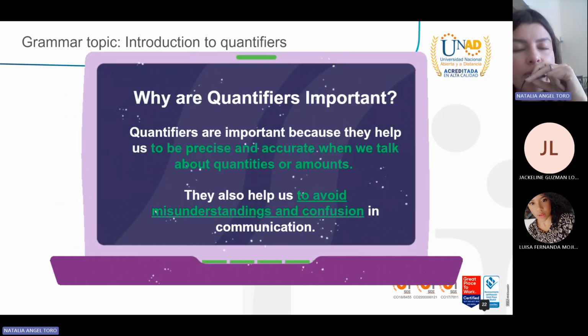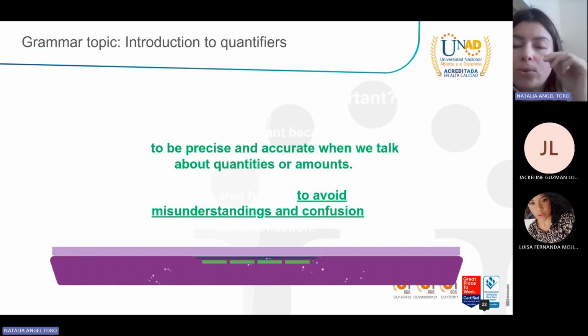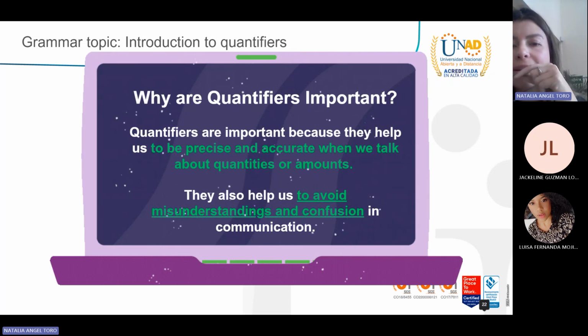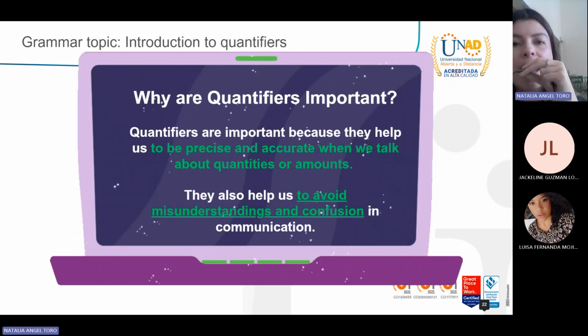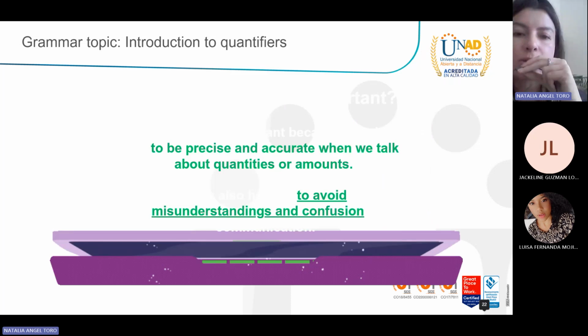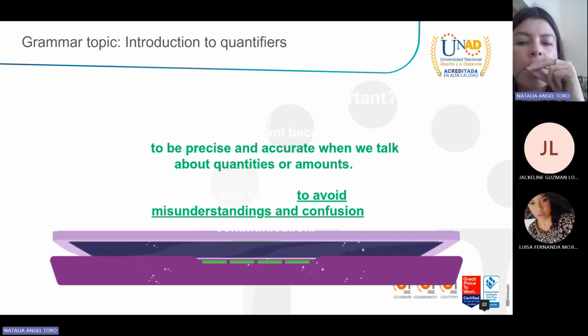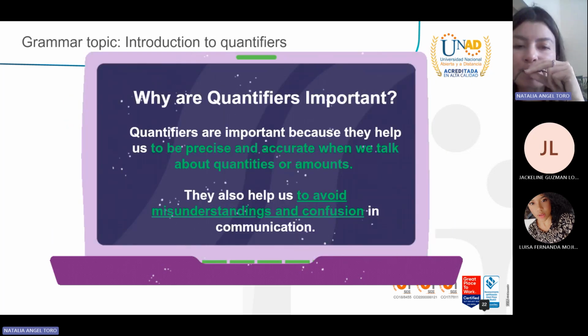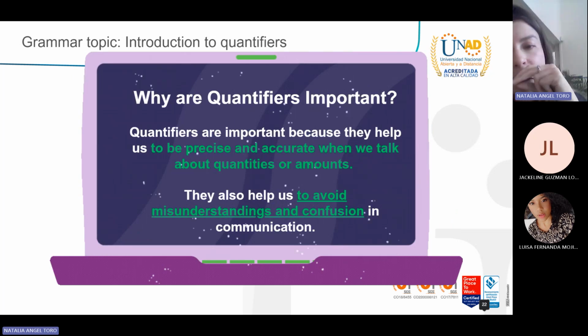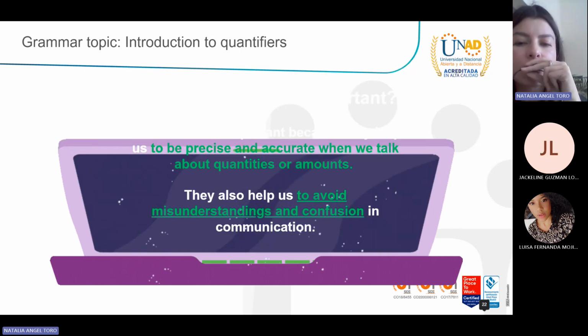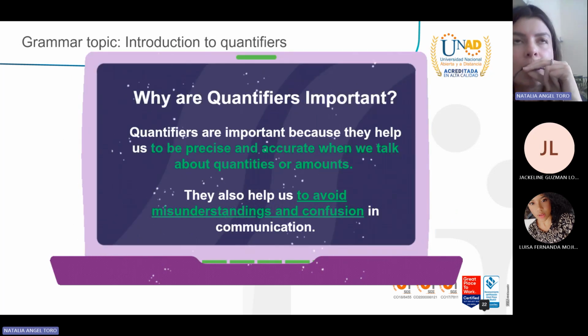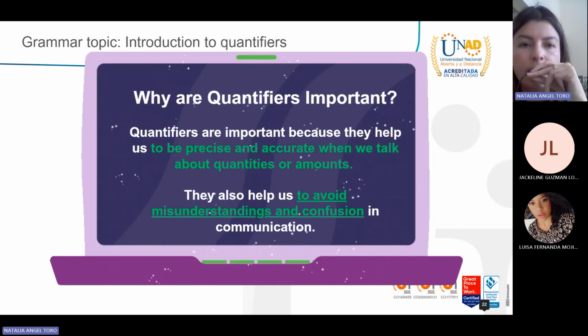Talking about quantifiers, they give us the chance to be accurate, to be precise about quantities or amounts we have or there are. So quantifiers also avoid misunderstanding and confusion in communication.